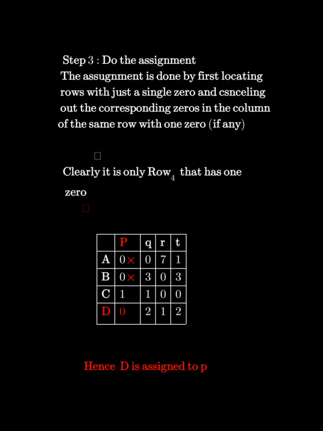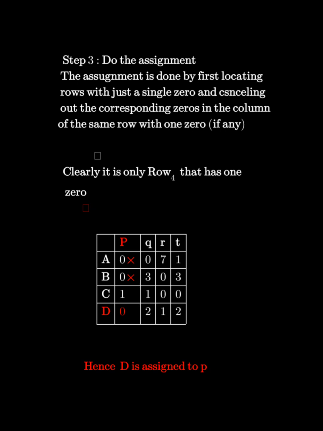Thereafter, you notice that when you go back, row 1 is now having one 0. Initially we had two zeros, which is 0071. But after that first one has been striked, we are left with one 0, so we are left with 071.